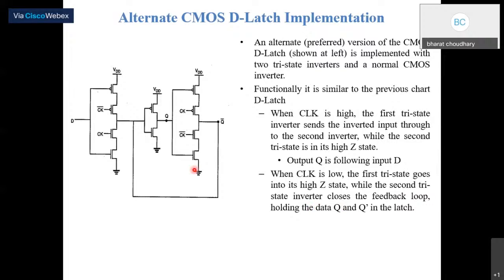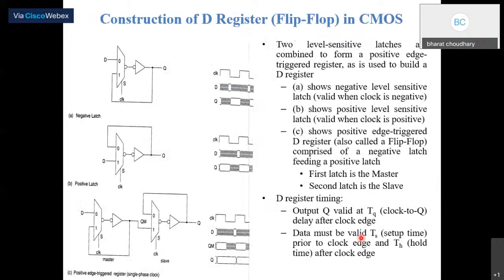Here when the clock is low, this will be on, and this will also be on, and this will simply work as a simple inverter. Whereas if it is high, this inverter will go into the high impedance state.